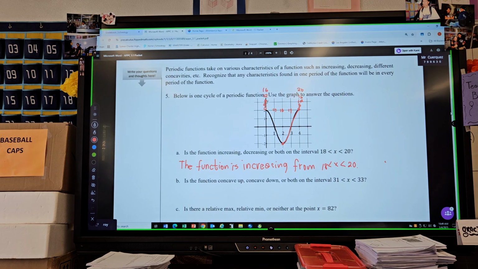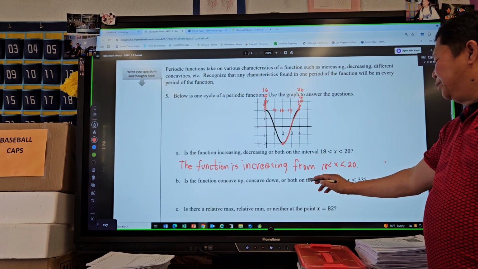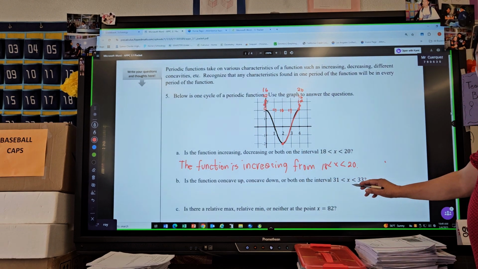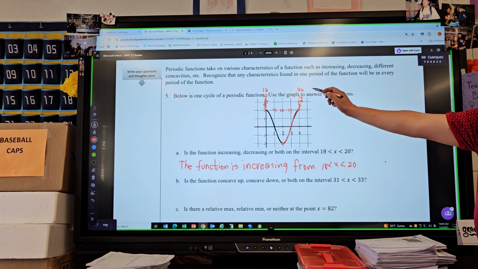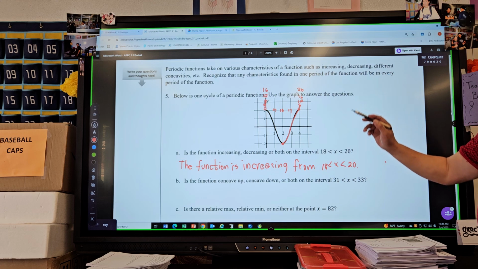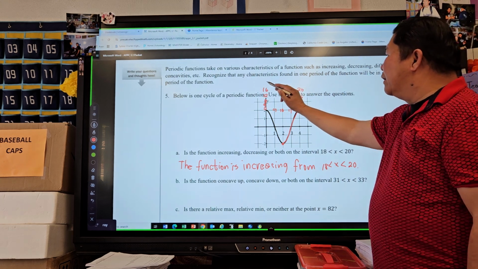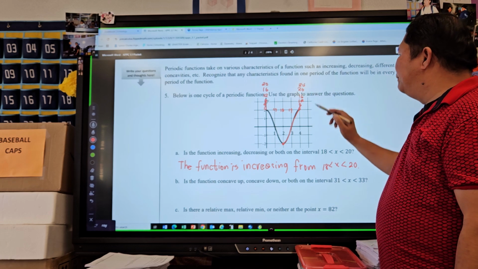Next, question B. Is the function concave up or concave down, or both, on the interval 31 to 33? So shall we continue? We stopped at 20 for that particular cycle. So the next cycle is from 20 to 24.